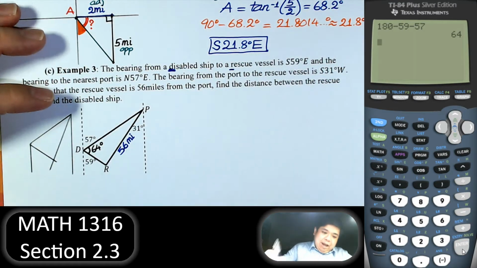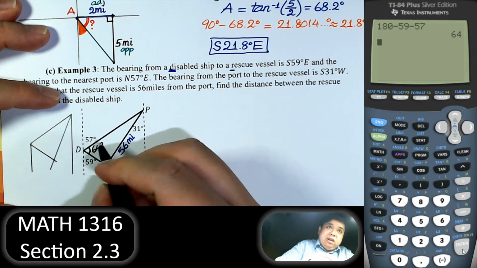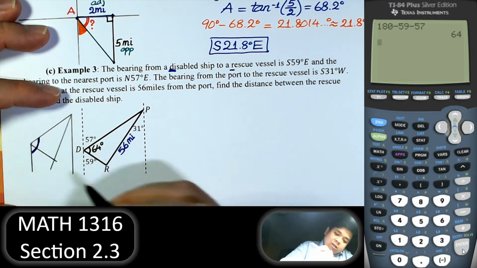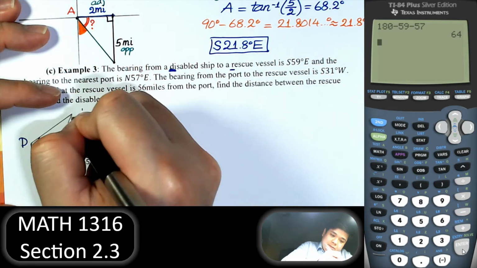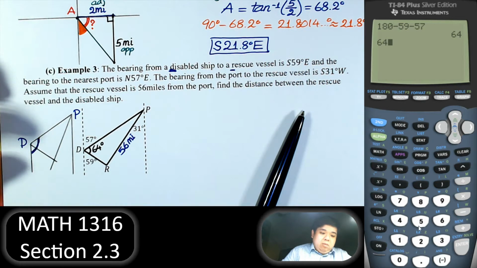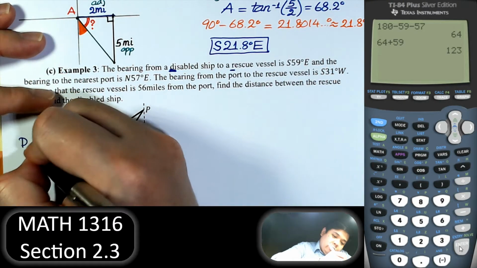Right. Now, we have 64 and 59, so if we talk about the whole angle here, (64 plus 59), that is 123 degrees.